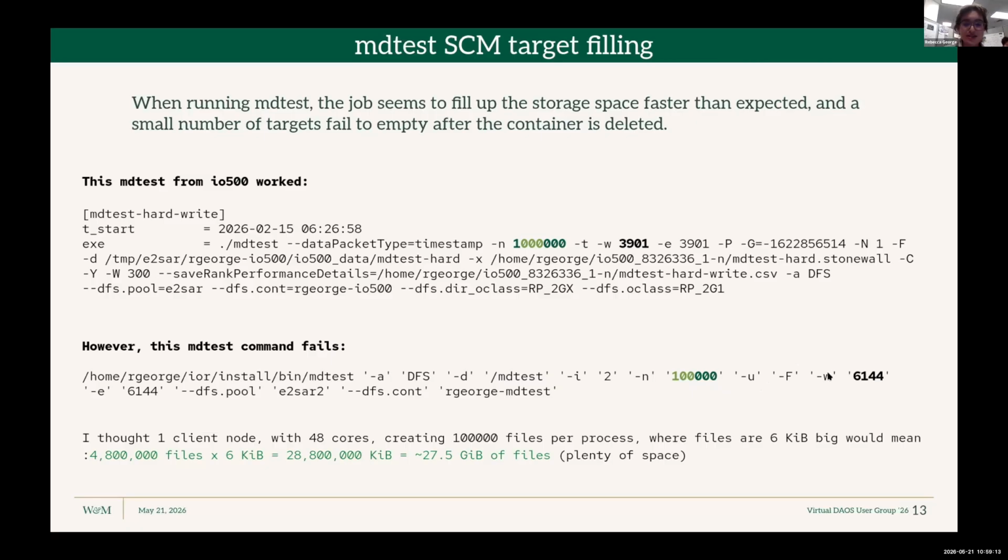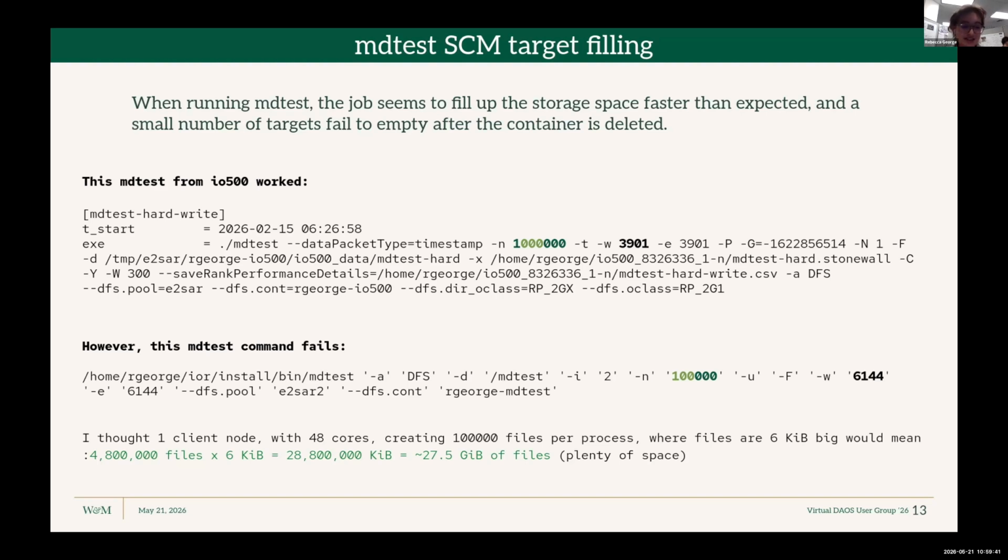And we were trying with both the file size of 6,144 or 1,024, but I increased to 6,144 because maybe it was all too much to fit into the tier 0 storage. So I tried to get above the data threshold, although I can't really verify what that is as a user.